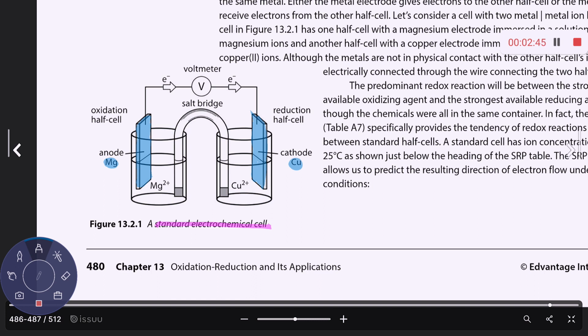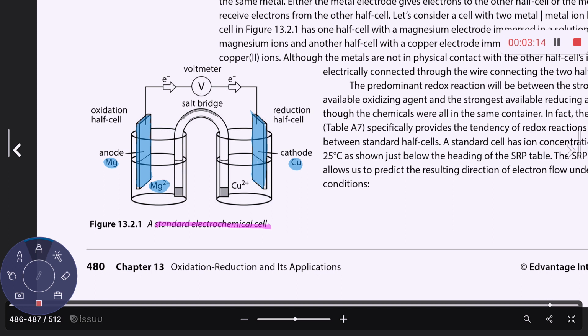Okay. So on the purple side of the laminated sheet that you just got, look on the left-hand side. There's a little tiny table. It's kind of small, a little bit hard to read, but this is the standard reduction potentials of half cells table. If you locate magnesium and copper, what you want to specifically look for is magnesium with the magnesium ion. Okay, so you're looking for that reaction.